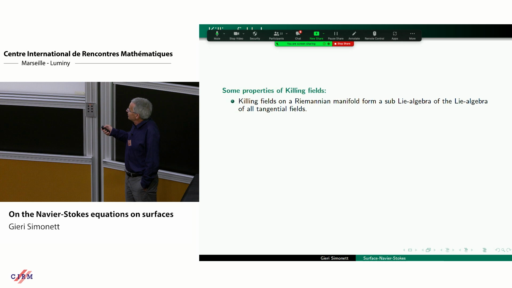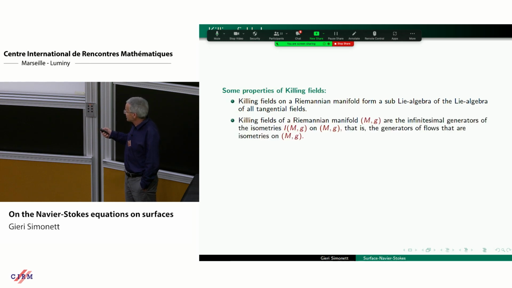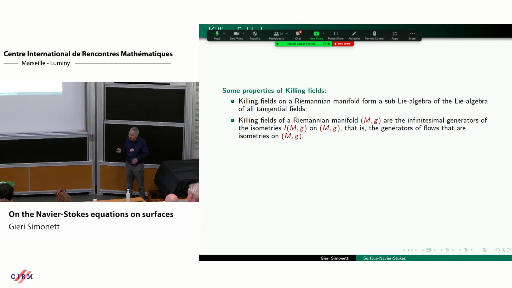More interesting maybe is the second one. If you want to think about Killing fields away from hydrodynamics, you should know that if you have a vector field and you hope it's a Killing field, then you can look at the flow that the vector field generates, and in case you have an isometry, you're looking at a Killing vector field. This is useful knowledge, especially in two-dimensional manifolds.